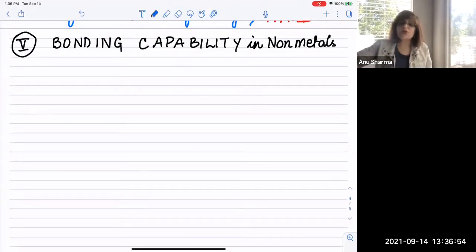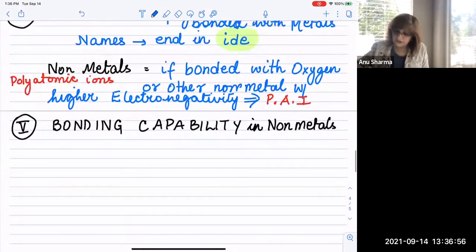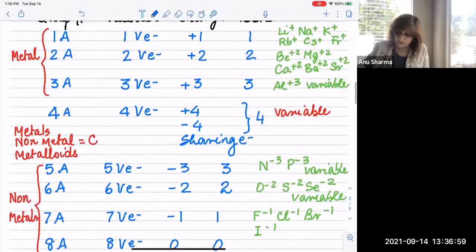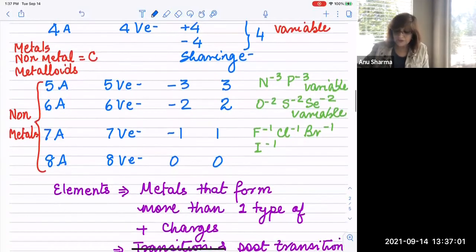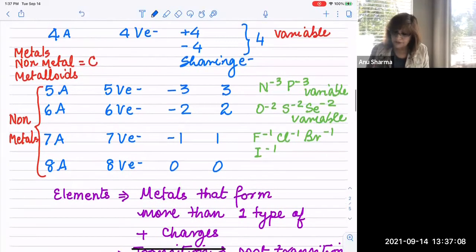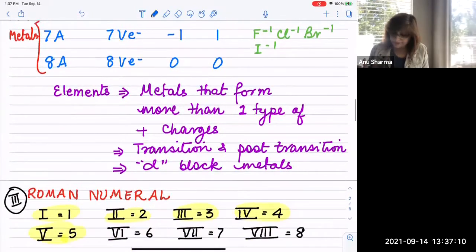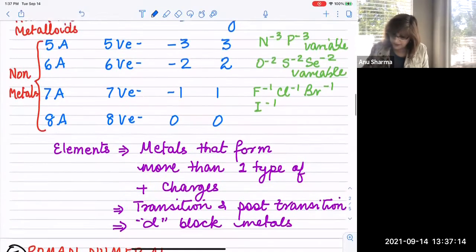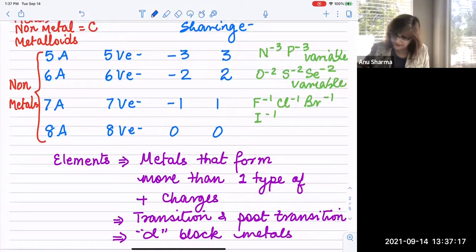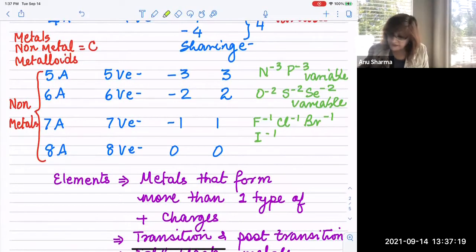So normally, yes, we are following these rules right here, the ones that relate to the group numbers. Normally, this is in ordinary conditions when they are connecting with the metals. So when these non-metals are combined with the metals, in that case they will form these charges.